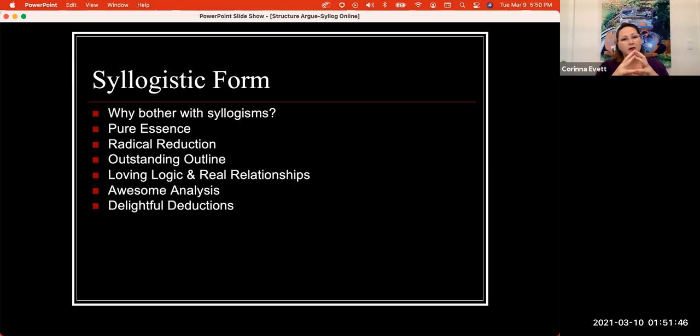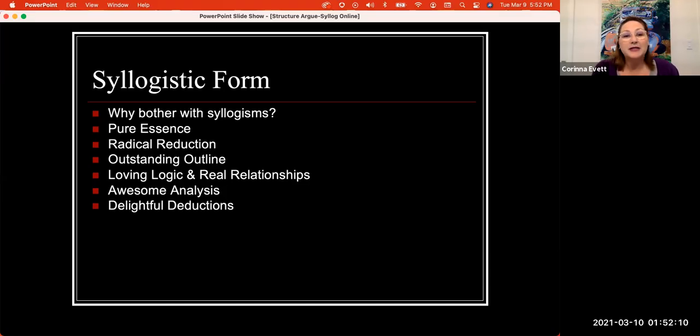And when you radically reduce the argument into the syllogistic form, you're reducing an argument from paragraphs into a few sentences, which again helps you to analyze and understand the argument in a different way.